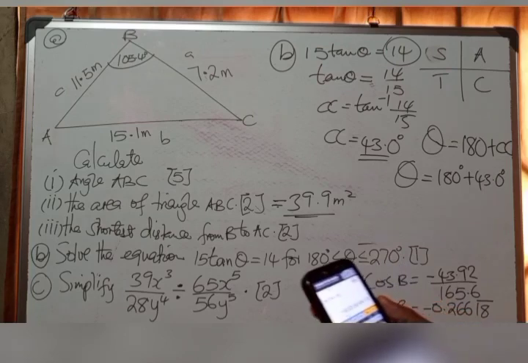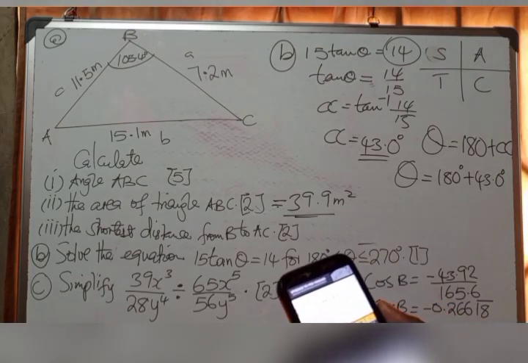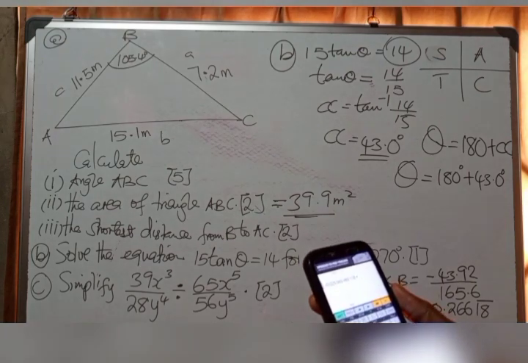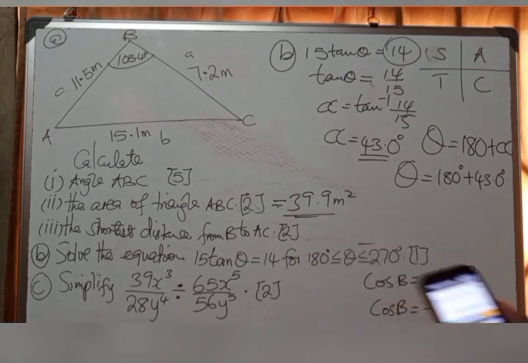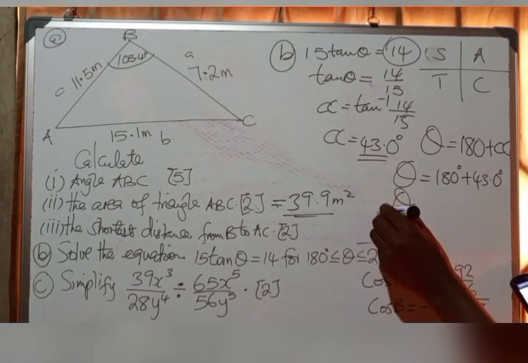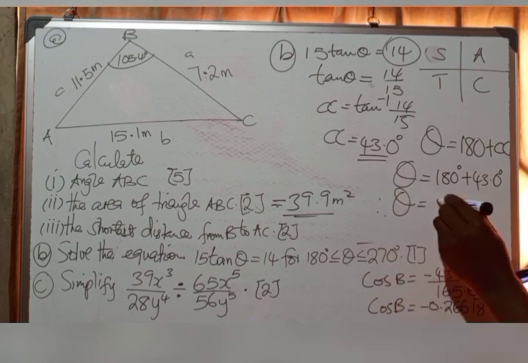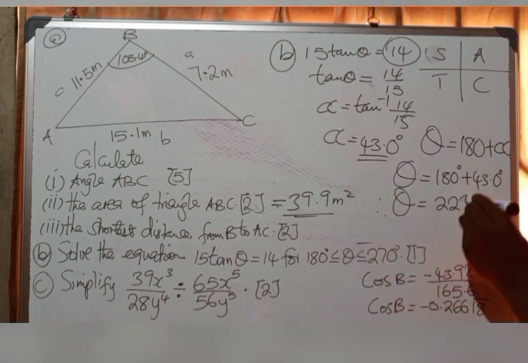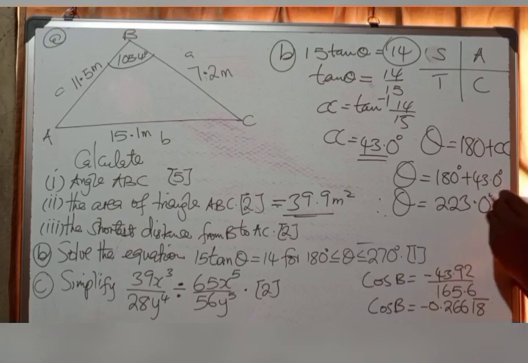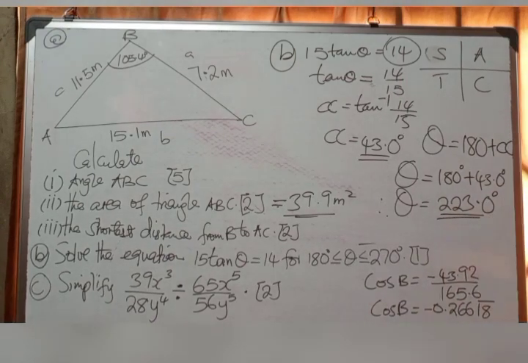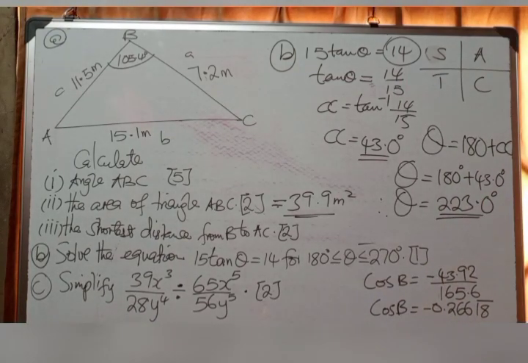So it will be 43.0 degrees plus 180. The answer we are getting is that our theta will be equal to 223.0 degrees. That is the way we answer it.